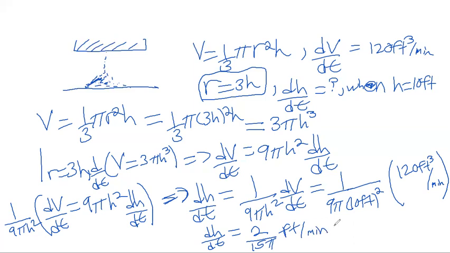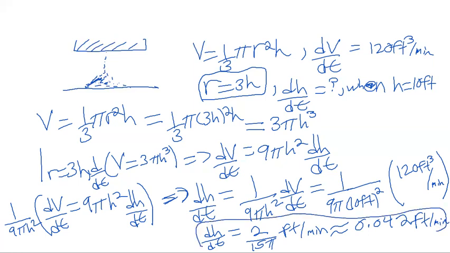Remember, check those units, because feet cubed over minutes times 1 over feet squared is feet per minute, which is approximately 0.042 feet per minute.